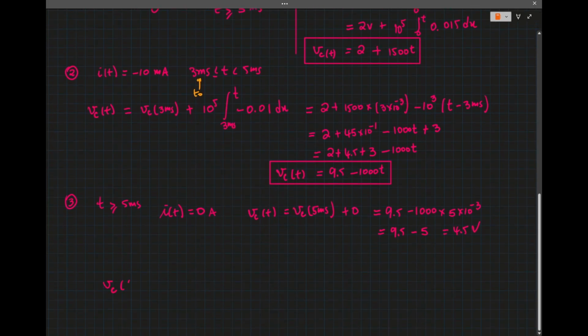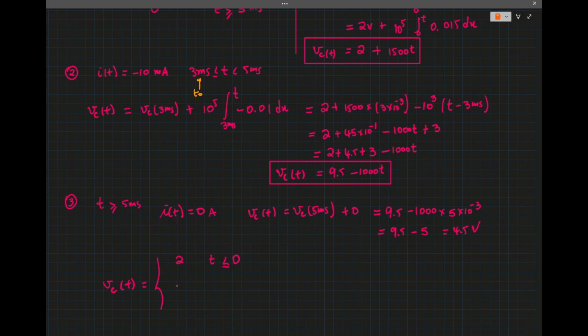Okay, so putting it all together, we have VC, which is 2 volt for t less than or equal to 0. That's what happened before t equal to 0.